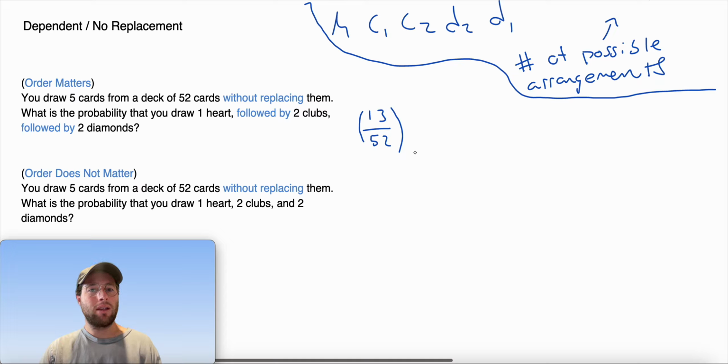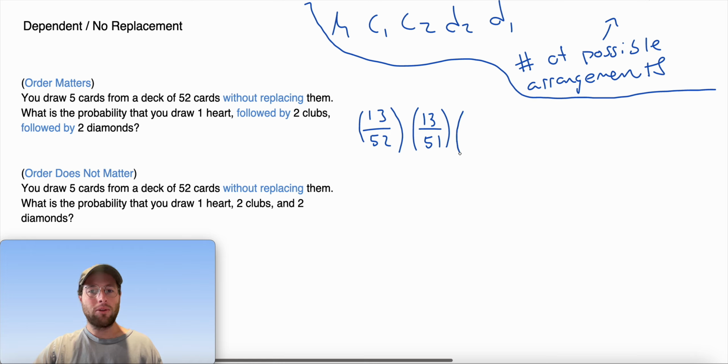And so that means that now there are going to be 51 cards in the deck, 51 total possible outcomes. And so we have 51, and now we want to draw a club. Because we drew a heart and not a club, there are still 13 clubs in the deck. And so we have 13 out of 51.